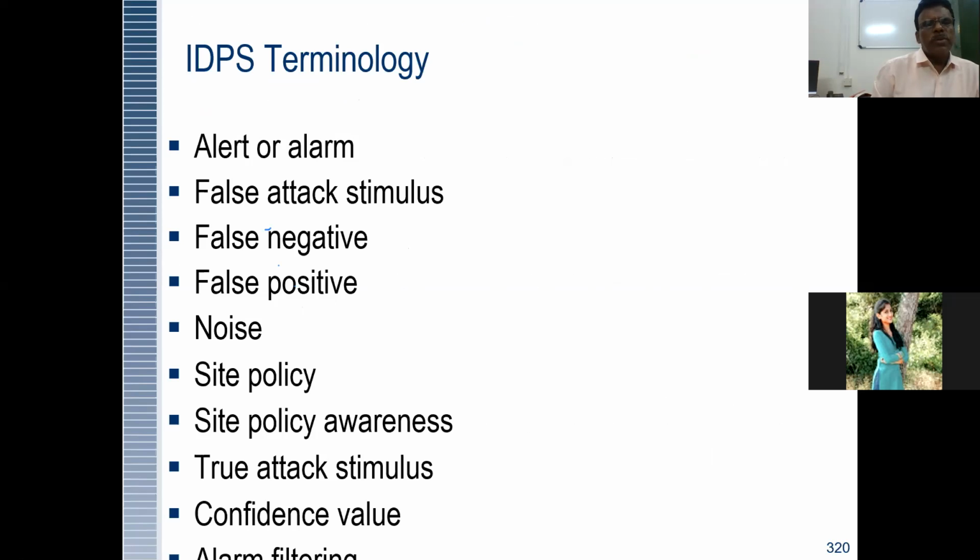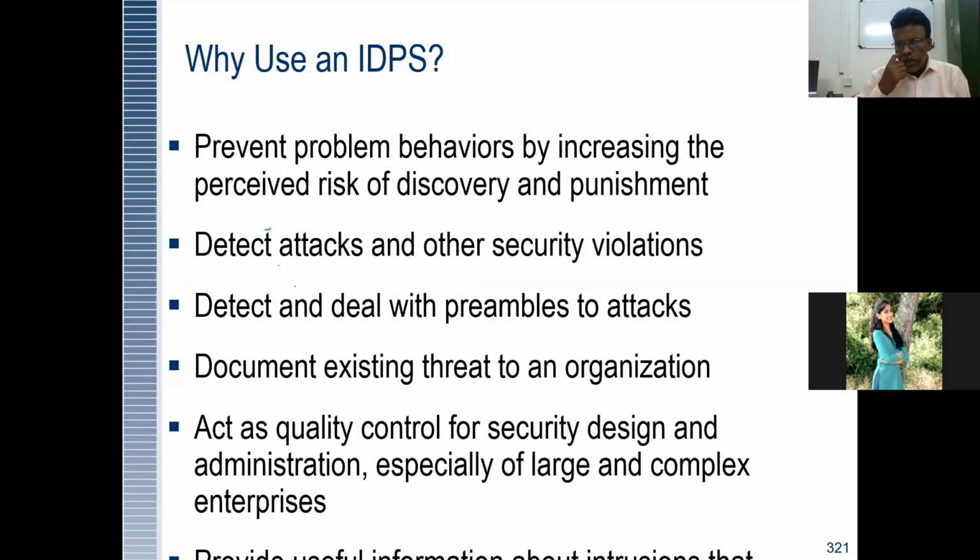False attack stimulus, which is against the attack, with a negative flow, and false positive, where there is a chance of an extra variable like noise. Then site policy awareness, true attack stimulus, and confidence. These are various terminology which are part of intrusion detection and prevention systems.